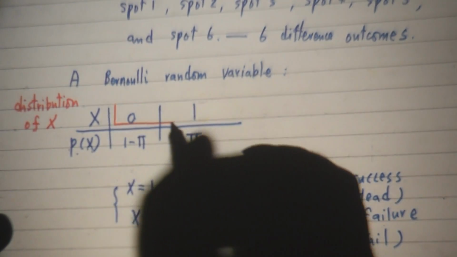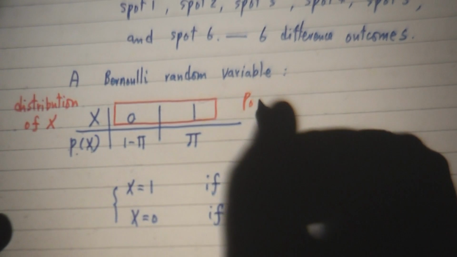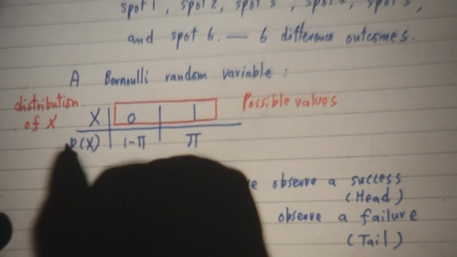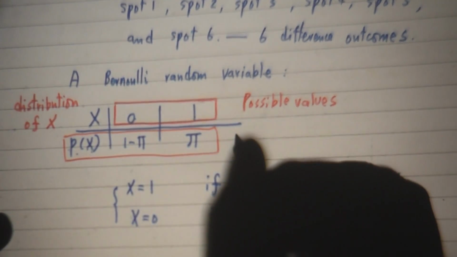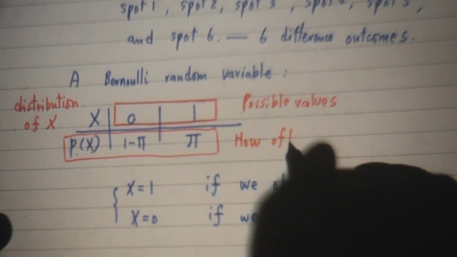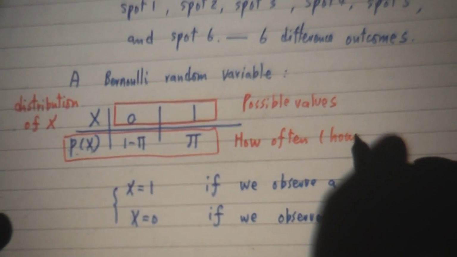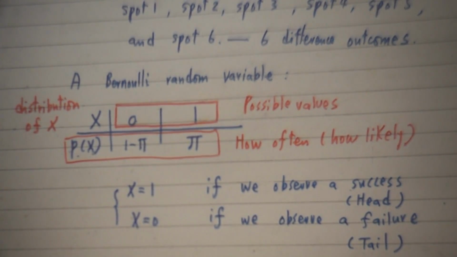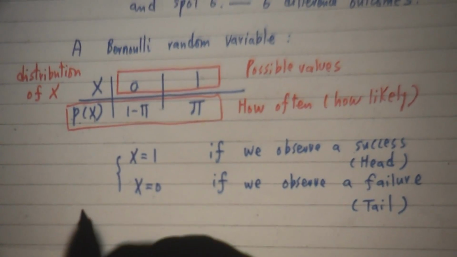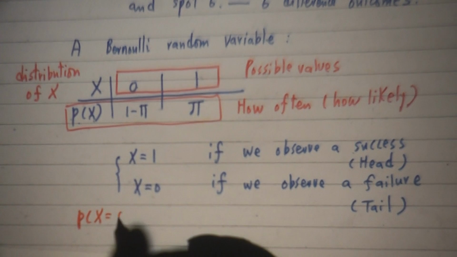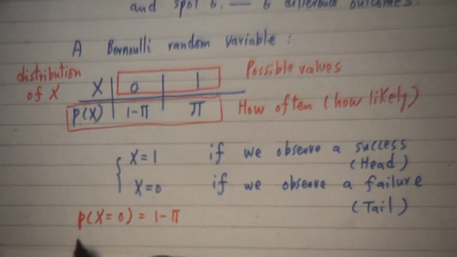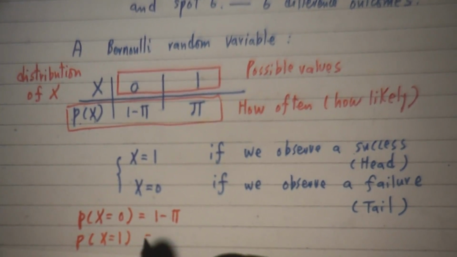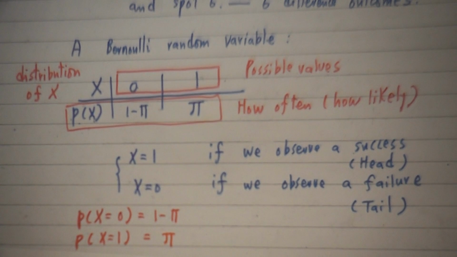We need to tell people what the possible values are, and how often or how likely we observe those possible values. In our example here, probability x equal to 0 is 1 minus pi, and probability x equal to 1 is pi.